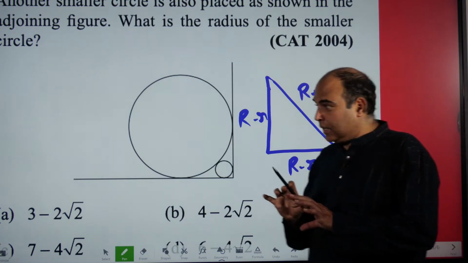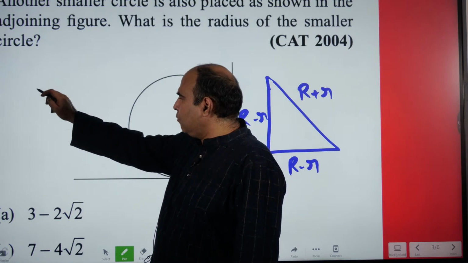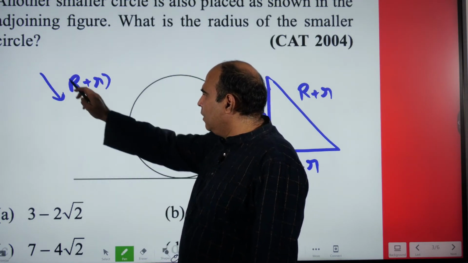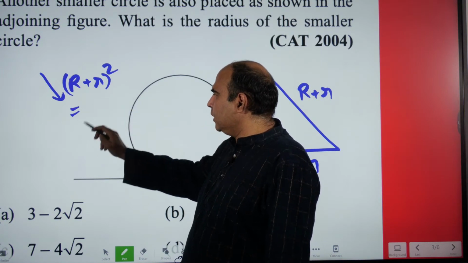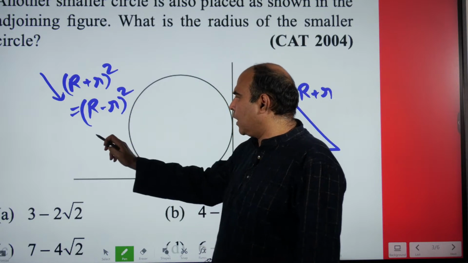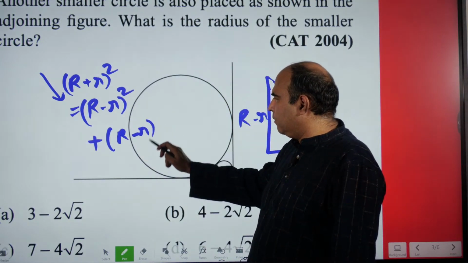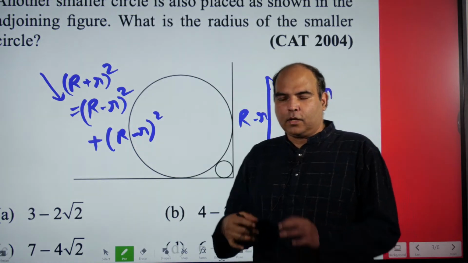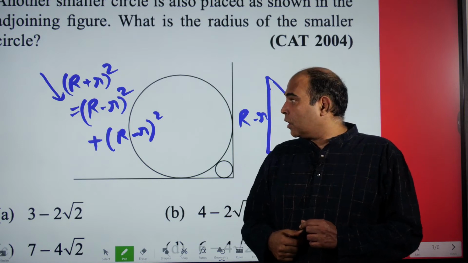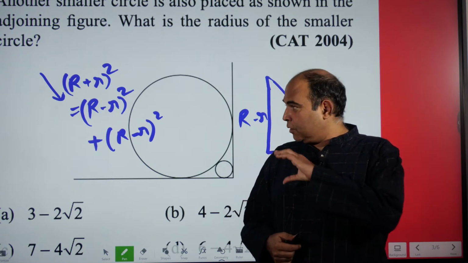In a normal question, when capital R or small r is not given, what you end up with when you use this Pythagoras theorem is that you get a ratio between capital R and small r when you expand this.